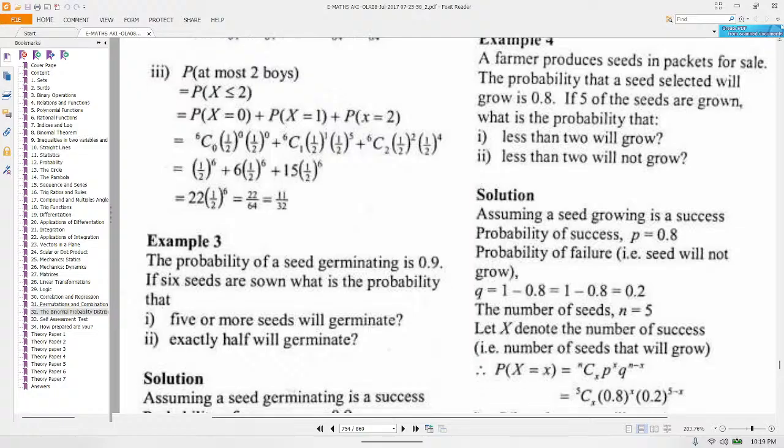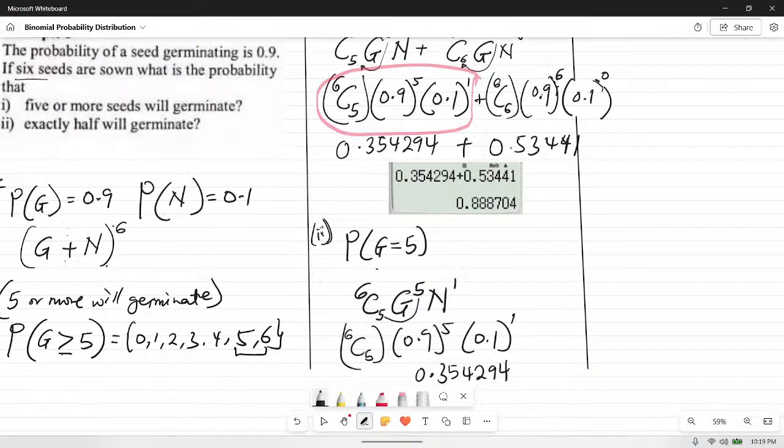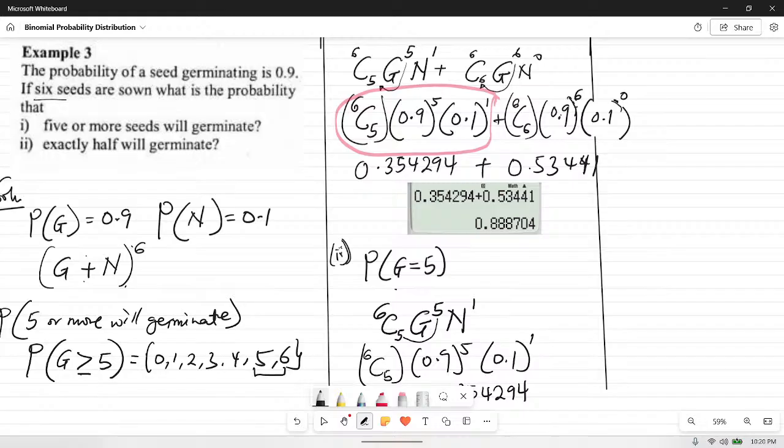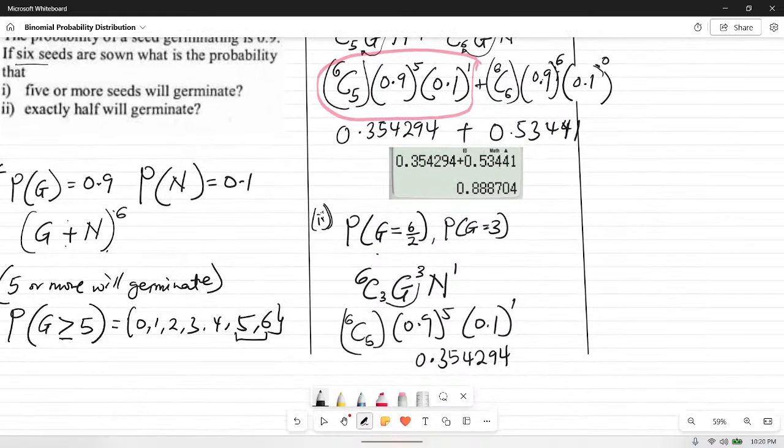Sorry, my bad. It says exactly half would germinate. Half of 6 is 3, right? 6 over 2. Yes. Just change this to 3. Here will also be 3.